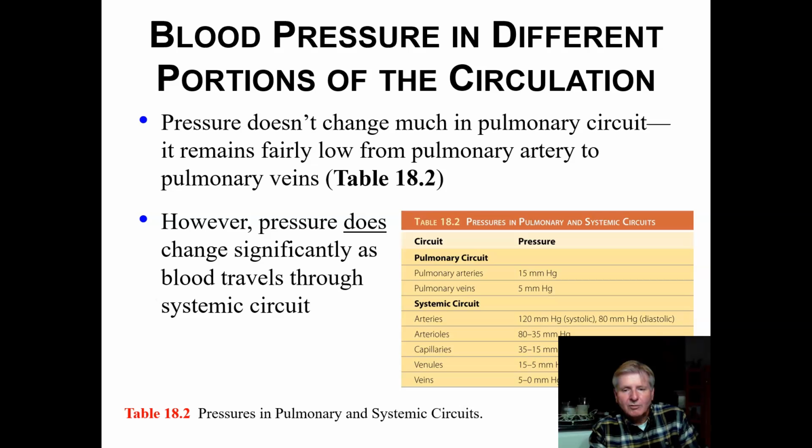So you get a drop of 80 to 35. That's your most dramatic drop in pressure. Okay. Capillaries go from 35 to 15. 35 would be at the arterial end of the capillary, 15 would be at the venule end. Venules have a pressure change between 15 down to 5, and then the large veins like the vena cava will be about 5 to 0 millimeters of mercury.